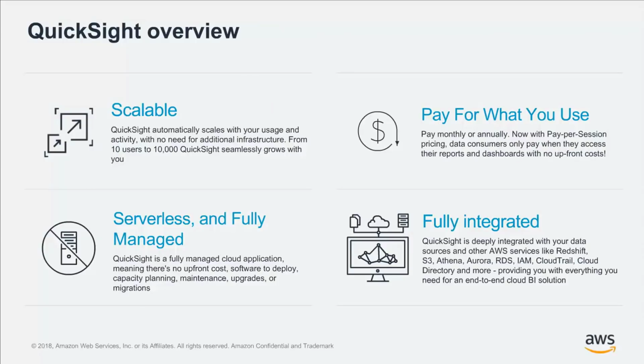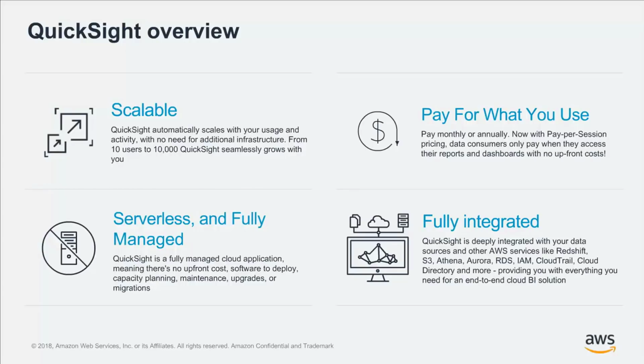So what are some of the highlights of how QuickSight works? So again, because it is a hosted solution, QuickSight is pretty much infinitely scalable, meaning as you add users onto the solution, as your workloads increase, as users become more and more active, QuickSight automatically scales with you without you really having to do anything, which is very different than a lot of traditional business intelligence solutions where they're either hosted by you or you're hosting them in a third-party cloud, etc. And you're kind of responsible for managing the load on your infrastructure as you increase the number of users, as users increase the amount of activity that they're engaging with a solution on, as well as the data sets and the amount of data that you're exposing through the solution increase.